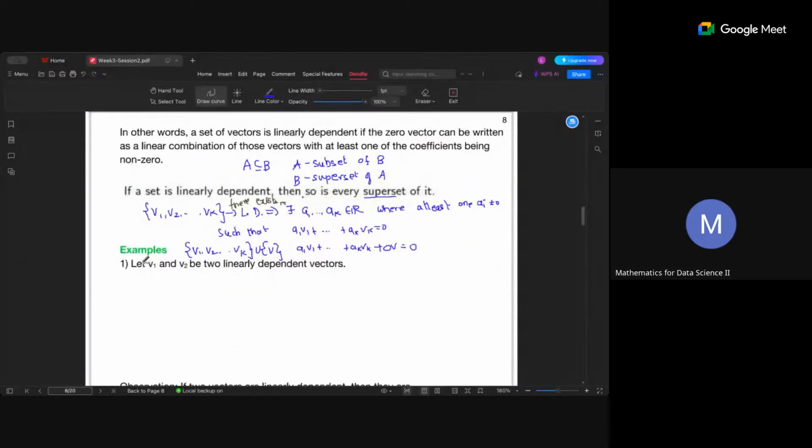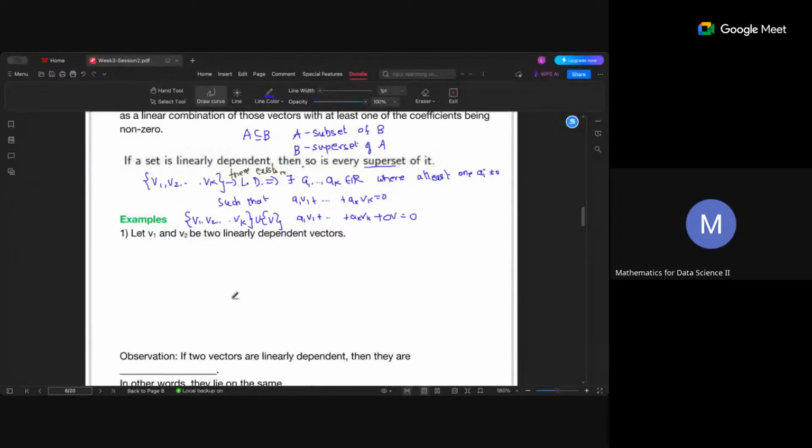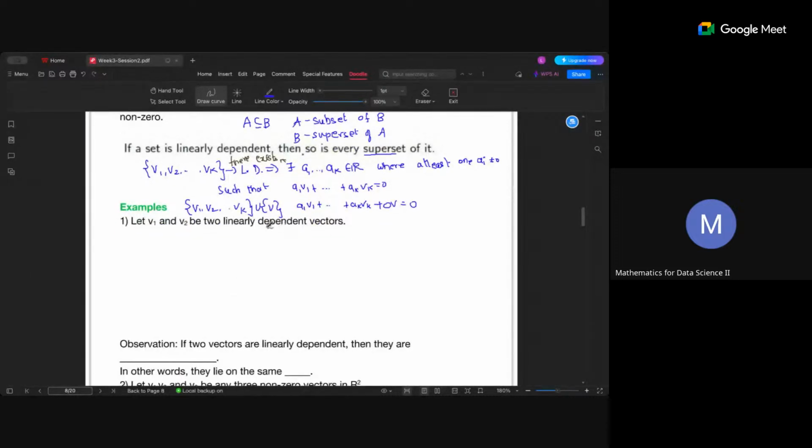Okay. Fine. Now, let v1 and v2 be two linearly dependent vectors. What does that mean? There exist a1, a2 in R such that a1 v1 plus a2 v2 is equal to 0.